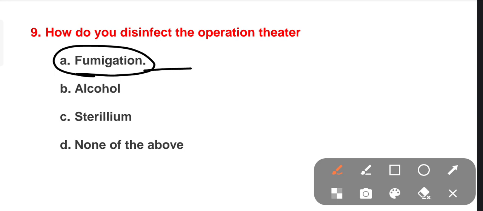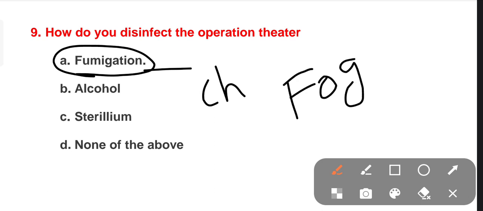Fumigation is nothing but a chemical fog which spreads over the whole operation theater. By this method we can disinfect the whole theater, stopping the growth of bacteria, viruses, and pathogens present there. By fumigation we can kill them.